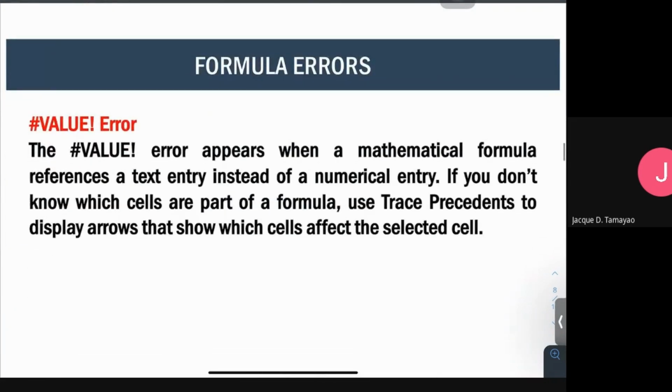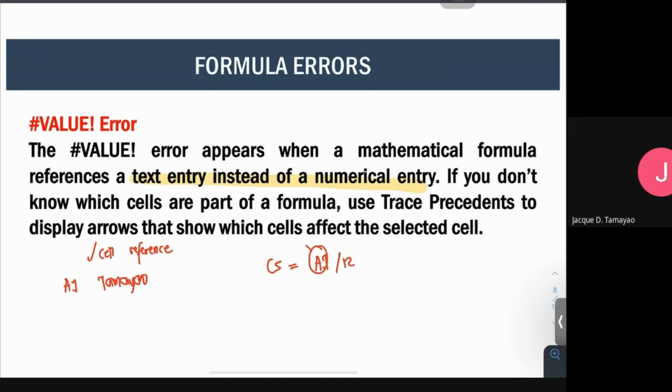Next, the value error. A value error appears when a mathematical formula references a text entry instead of a numerical entry. So here, there must be a cell reference. For example, in A1 the text placed there is the name Tamayaw. Then you place a formula in cell C5: A1 divided by 12.